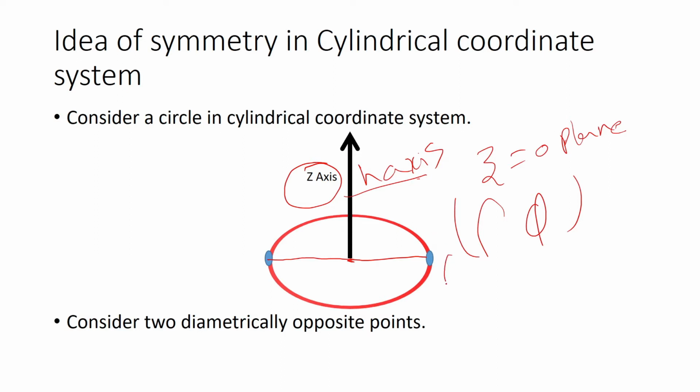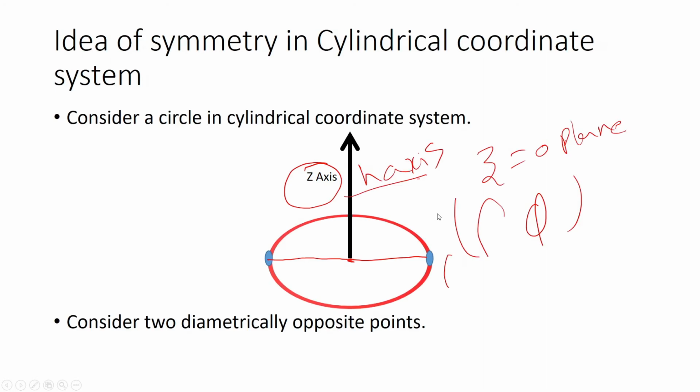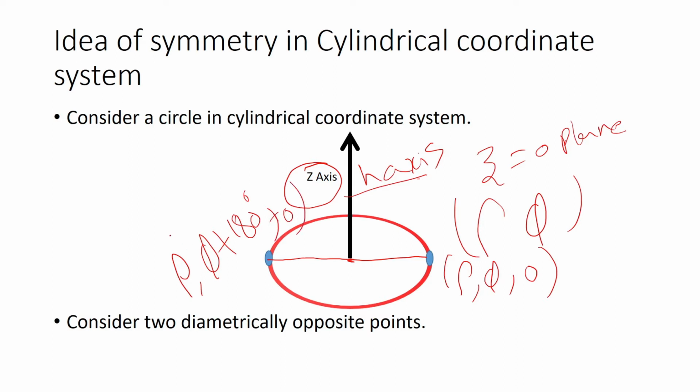Now, the coordinates of these points would be rho comma phi comma 0, and this would be rho comma phi plus 180 degrees comma 0.